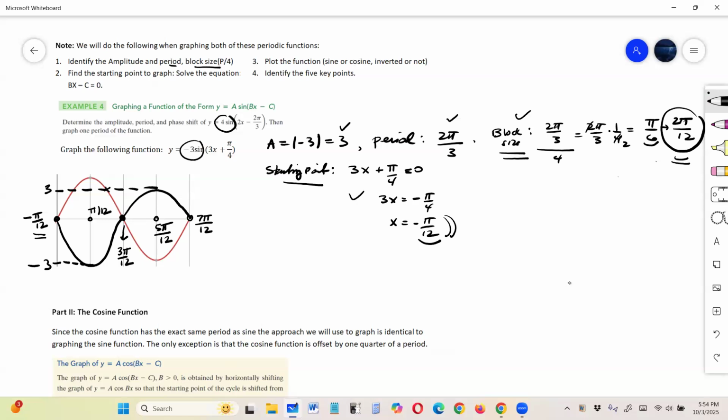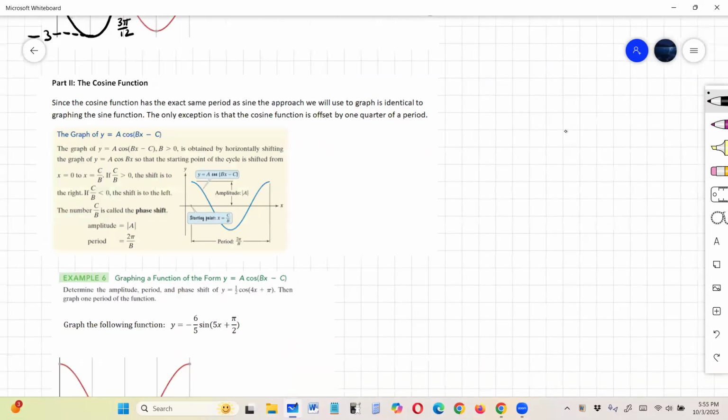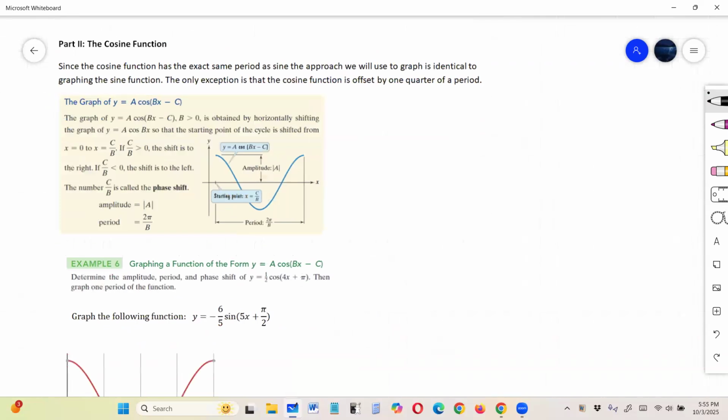Now, the cosine function is exactly the same. The only difference from the sine function is that the cosine, again, remember it's a particle moving on the circle. And now we are interested in the x coordinate, okay?